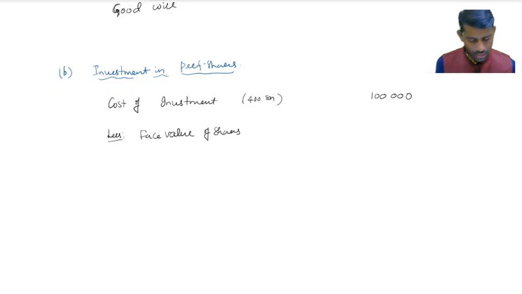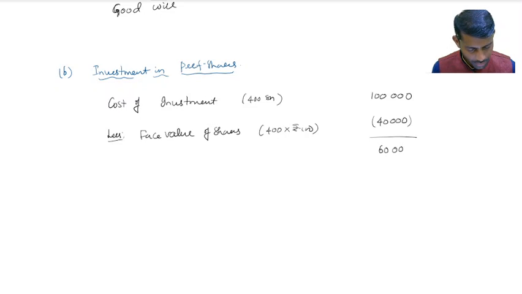Less face value of shares, 400 into rupees 100, which is 40,000. Therefore, the balance 60,000 is called goodwill.